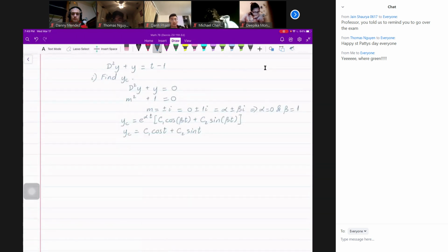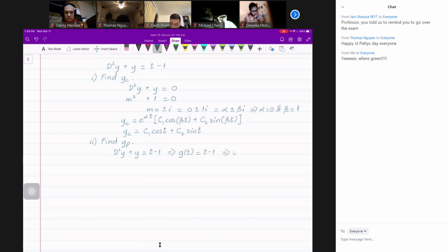So now find y sub p. So what is y sub p? D squared y plus y equals t minus 1. From here, you know the function on the right-hand side is a linear function.